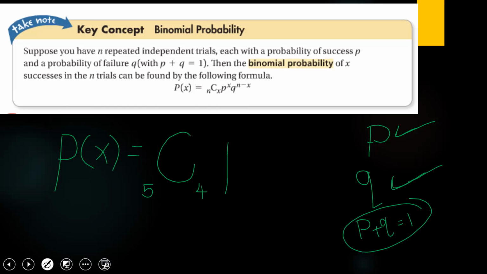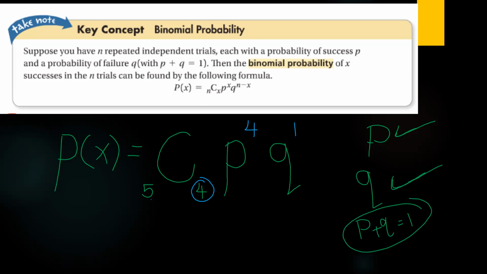Then you have to write P and Q. Then above, you have to write 4, the probability times 4, and the probability of failure times 5 minus 4, which is 1.